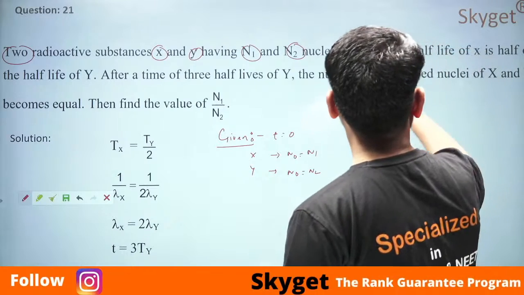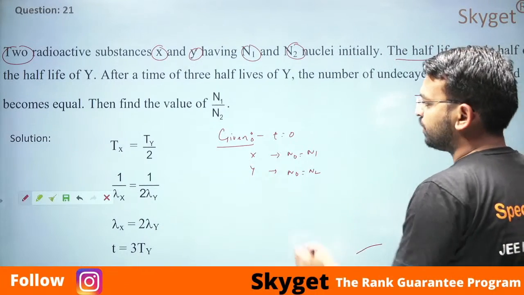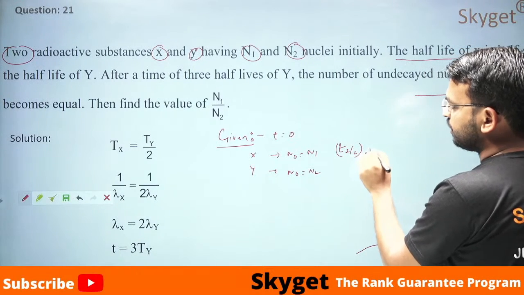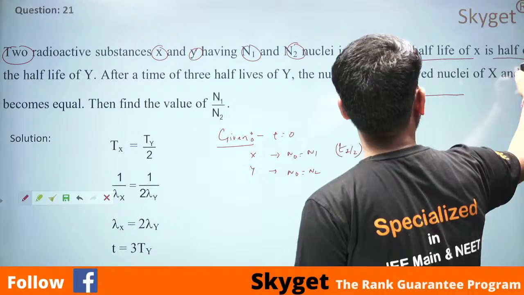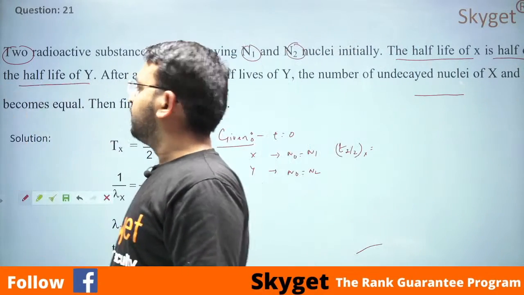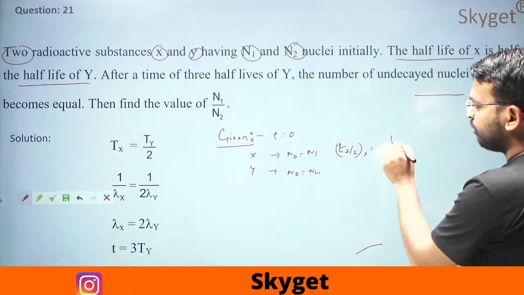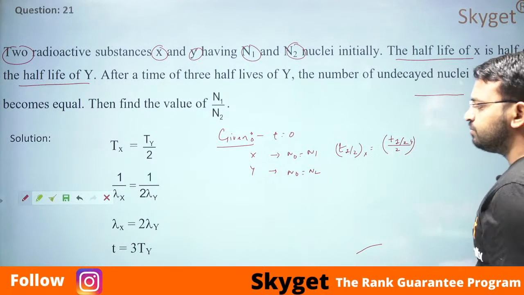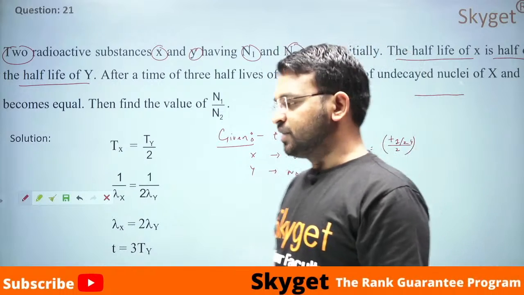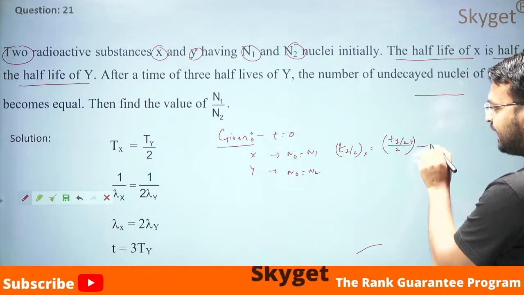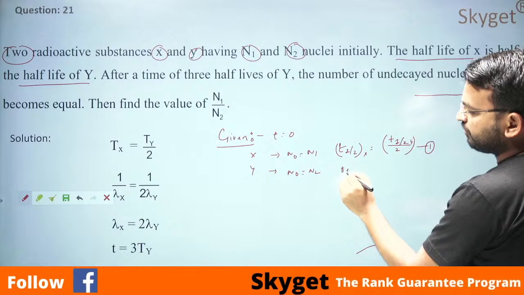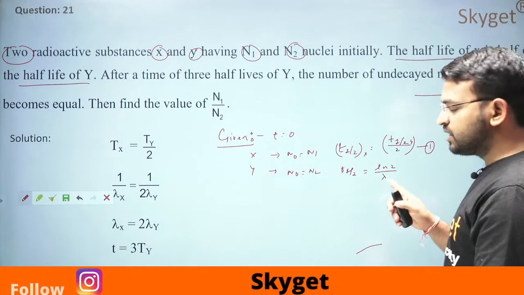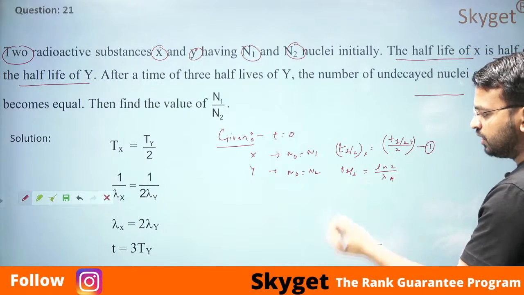Now what they're saying is that the half life of X is half of the half life of Y. It means whatever the half life of Y is, X's is half of that value. This is the relation they have given. From this relation I can also find out, if you remember the formula of half life, that it is ln2 divided by lambda, where lambda is the decay constant.